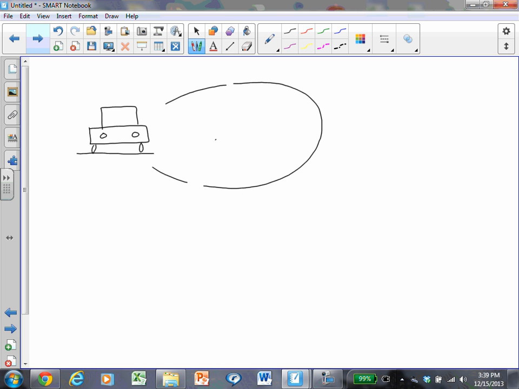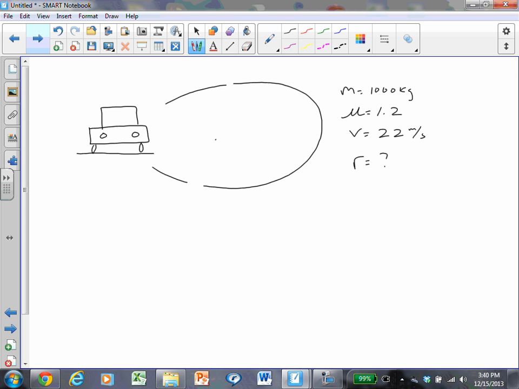Let's say this car had a mass of 1,000 kilograms, a mu of 1.2, coefficient of friction, a speed of 22 meters per second, and could we come up with the R for that?